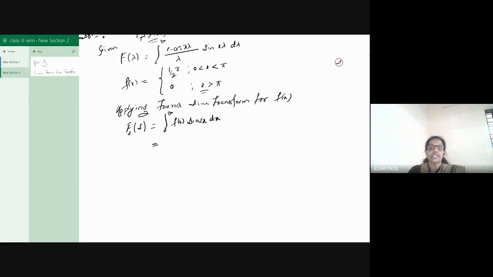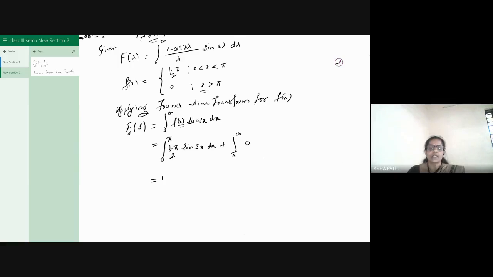So we'll split this integral from 0 to pi and from pi to infinity. From 0 to pi, f of x is 1 by 2 pi into sin sx dx, and from pi to infinity, the value of the function is 0.